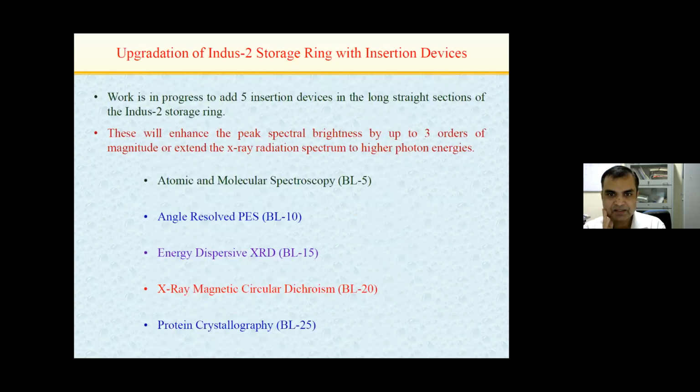Besides these beamlines, as I said, those beamlines were available with the bending magnet source. So it has a limitation in terms of intensity or the brightness of the emitted photons.